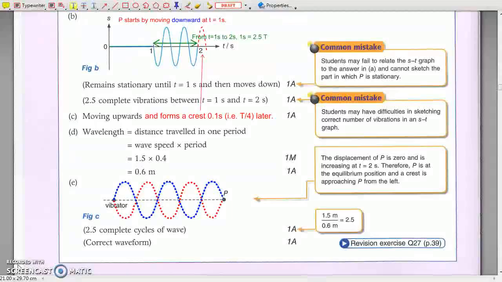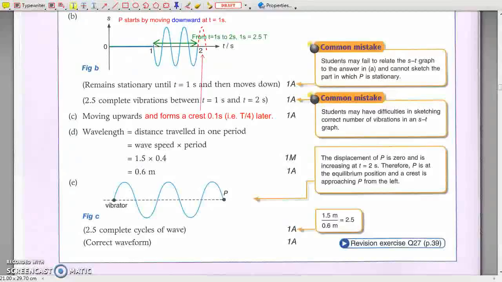If you insist on using method number 1, you may first find the displacement of P at t equals 2 seconds, which is 0, and hence you may mark this point P here. Lastly, from the motion of P a very short time later, deduce the displacement position graph.